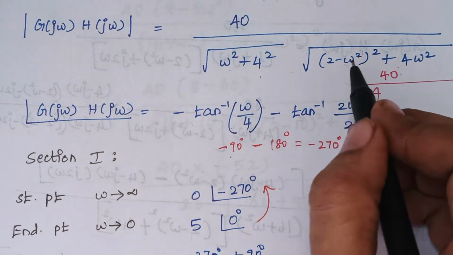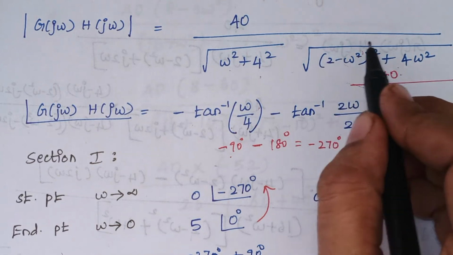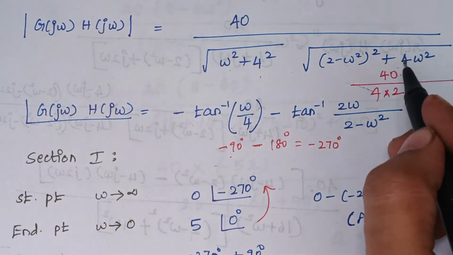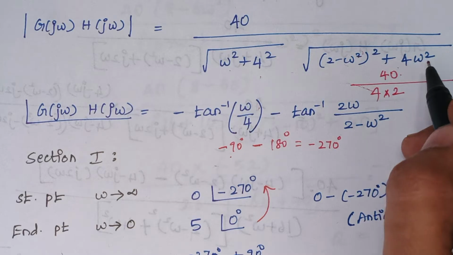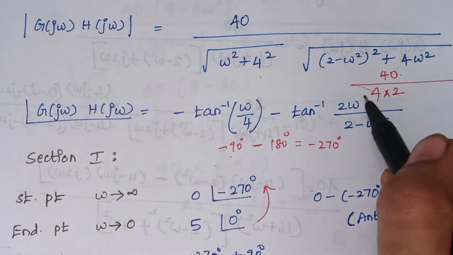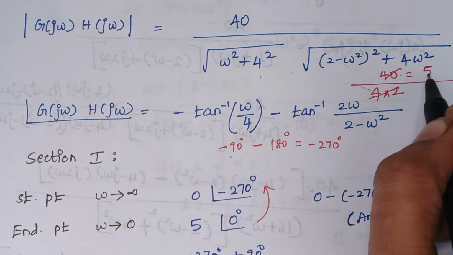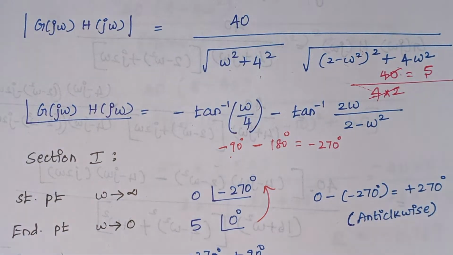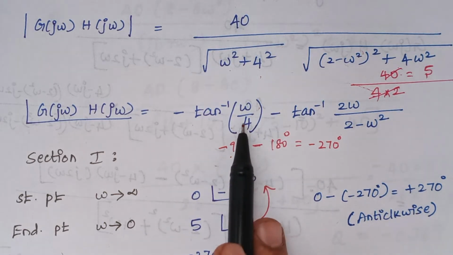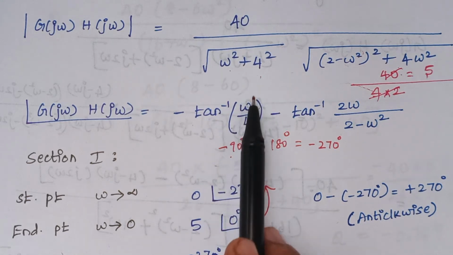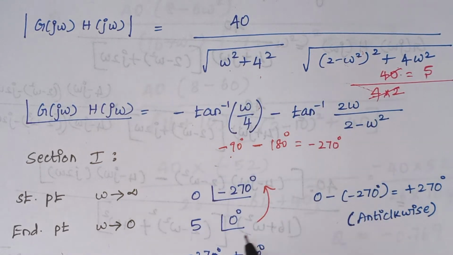So what happens? 2 square, and when you take the square root it becomes 2, right? 4 into 2, and this omega square term becomes 0. So when you solve, what happens? 4 2s are 8, 8 5s are 40. We have an answer of 5. So here the magnitude is 5. Again, when you substitute omega as 0 for the phase angle, tan inverse of 0 is 0 and this term is also 0. So the angle is 0 degree, right?